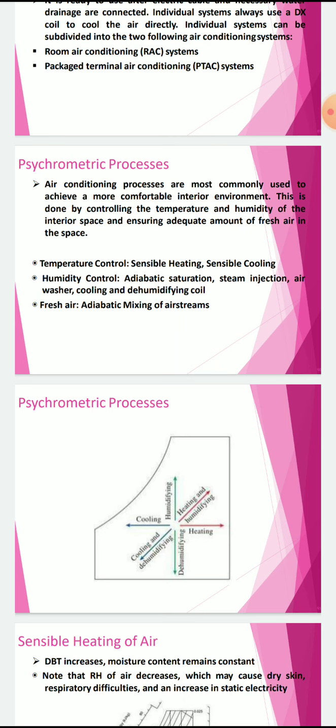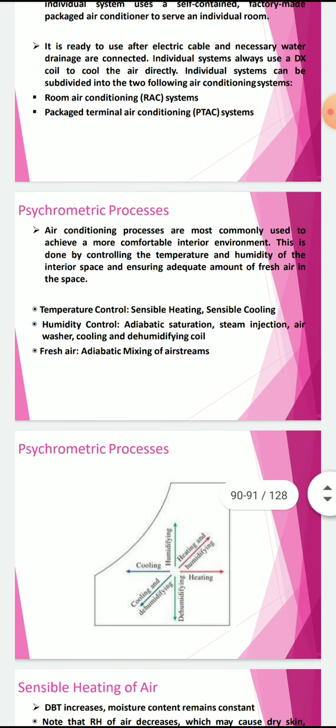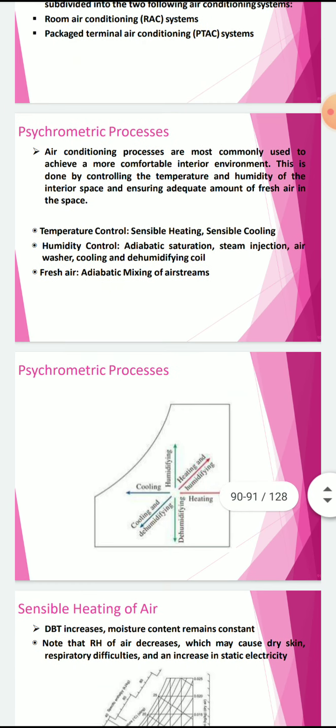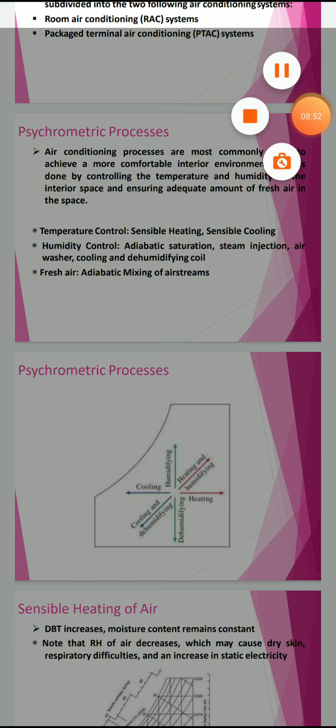Before we send the air to the chillers, we need to remove 20% out, and we should add 20% in for the maintenance of quality, like oxygen levels inside the air. So we have different processes to maintain air conditioning.